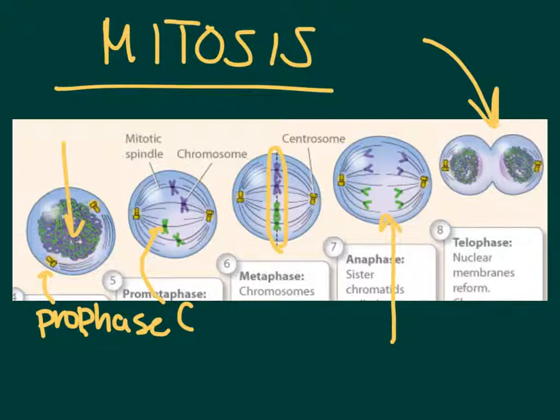Those indentations are going to meet in the middle as they get closer and closer and closer and closer and end up making two new cells. That is not part of telophase. And it occurs at the same time as telophase, but is not telophase. It's part of cytokinesis. Cytokinesis meaning cell dividing.